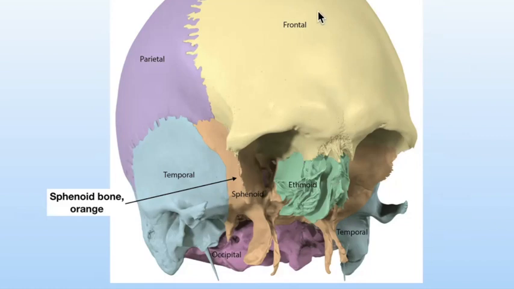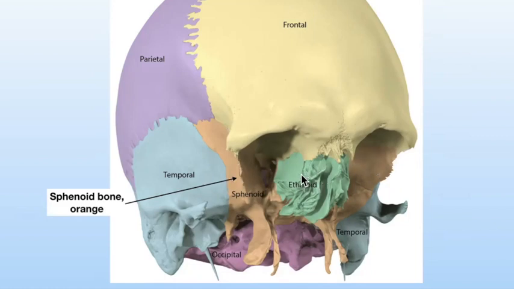And we see the frontal bone in yellow, the parietal bone in purple, the occipital bone in sort of pink, purple, and then the sphenoid bone, that cross brace that goes from one side, here the right side, all the way across to the left side, acting as a cross brace across the skull, the sphenoid bone in orange.